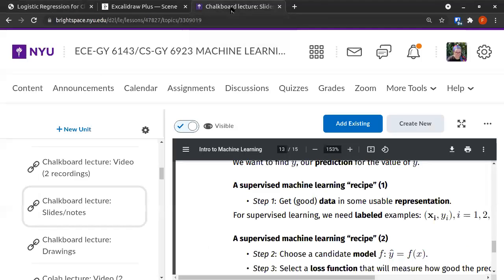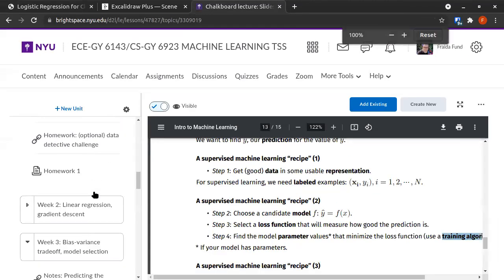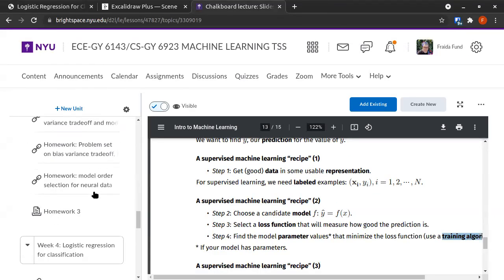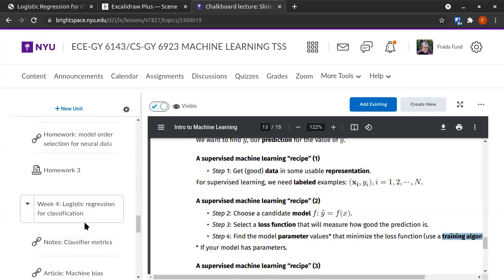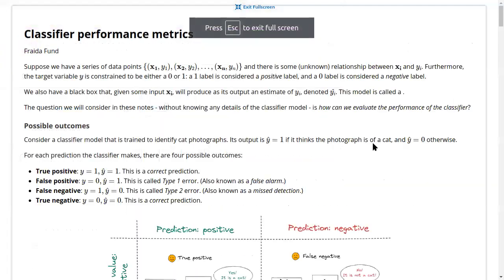Now, this is all I have to say about logistic regression. But in Brightspace, I shared a bunch of notes with you that are not specific to logistic regression, but are about evaluating the performance of a classifier in general. We talked about this cross entropy loss function. This is used to train a classifier, but it intuitively doesn't really tell us a lot about the performance of a classifier.